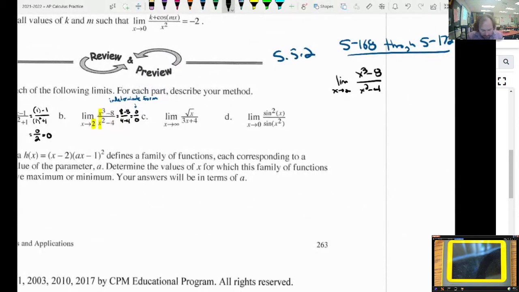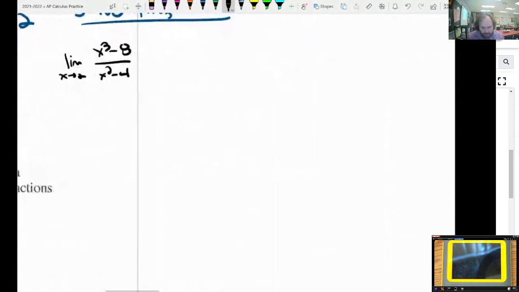Now, if you're an astute algebra student, you might already know that this is a difference of squares and a difference of cubes. The bottom can be easily factored into x minus 2 and x plus 2, for example, and the top can be less easily factored into x minus 2, x squared plus 2x plus 4, like that. Now, you could do it this way.